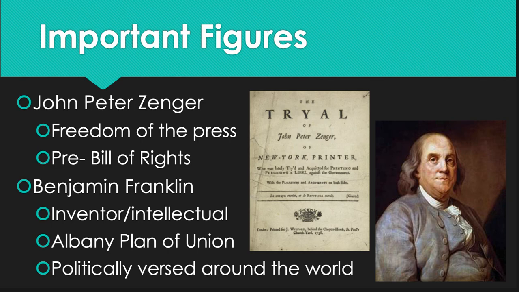So Zenger is taken to court, and the jury looks at the case and says, okay, yes, Zenger quite literally is guilty of libel, of printing information that opposed the government, opposed that royal governor, but we are going to say that he is not guilty because that's a bad law, and the press should have the freedom to check the power of the government.